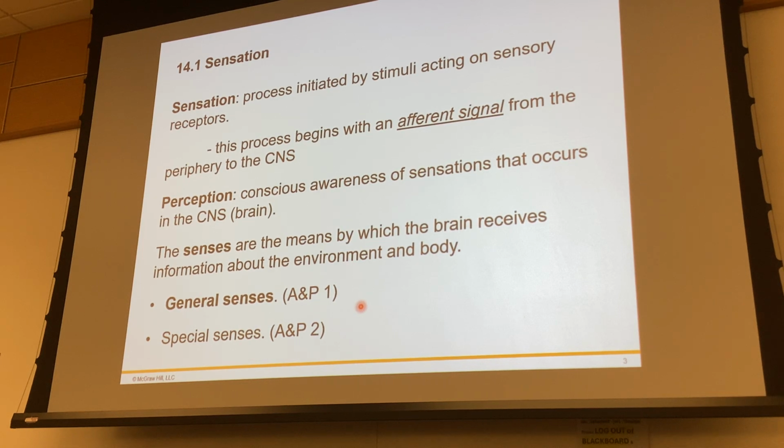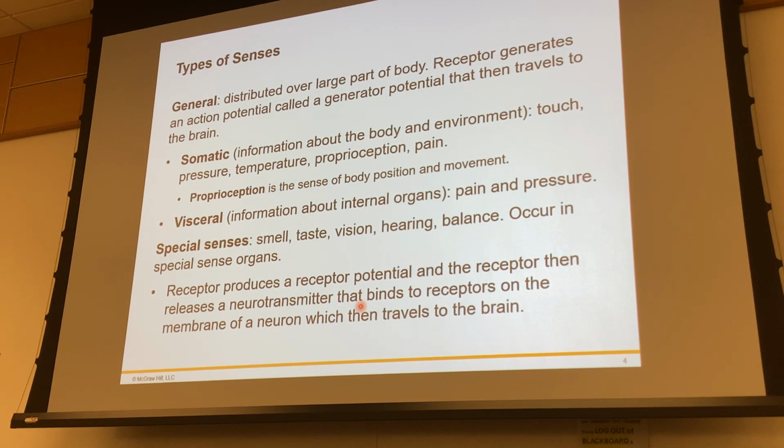And then finally here, I'm going to talk about different types of senses. We're talking about general senses in this class, and then in AMP2, they're going to talk about special senses. And special senses is a whole other ball of wax, a whole other type of information. In terms of general senses here, we have somatic and visceral senses. Visceral being internal organs, and somatic including generally the skin and the muscles, and the visceral gets into the musculature too.